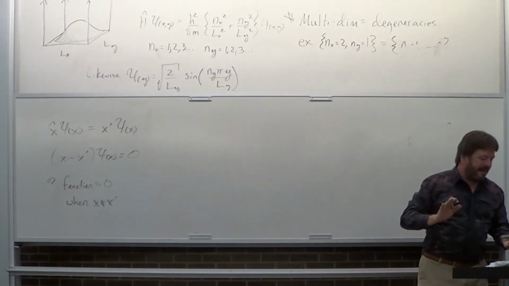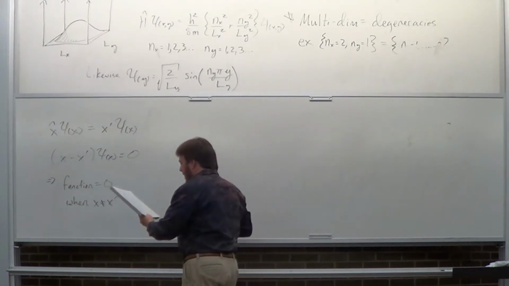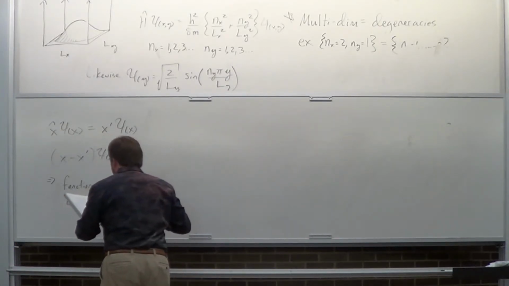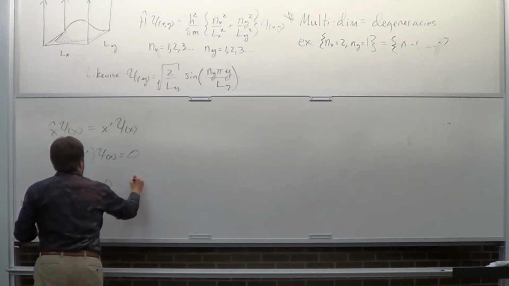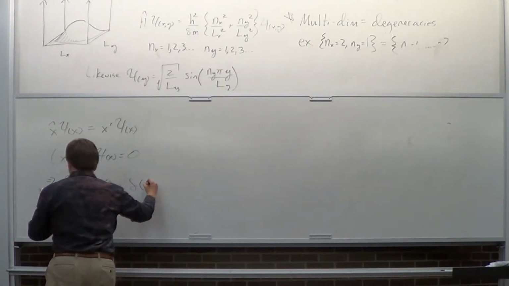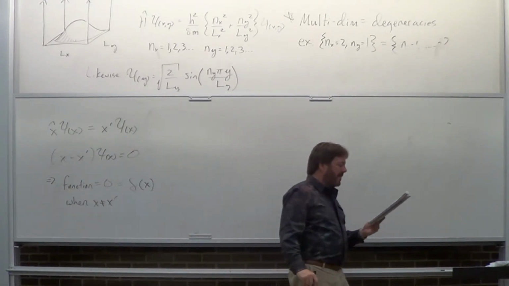Okay, so anyway, that's the idea. It might help to show you what that looks like. The definition is called a Dirac delta. It's a Dirac delta function that does that.